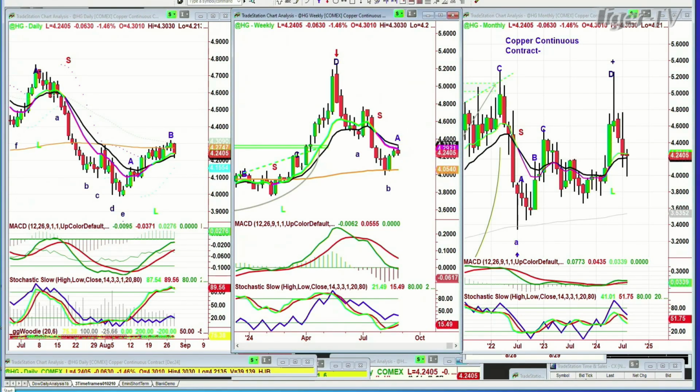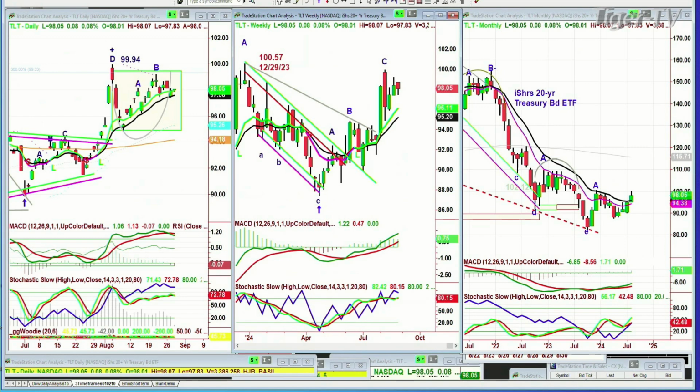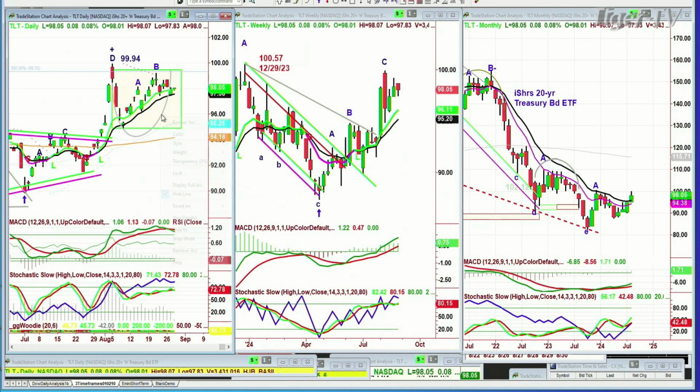So I needed to do bonds. So I'll go to the TLT. The TLT right now is up a little bit, up 8 cents. It's just stuck in this rectangle. Now, the longer it takes to get to that 99.94 level, the greater the chance that it could start to stall and roll over. So it needs speed to be able to do this. So I'm going to give it maybe the rest of this week.